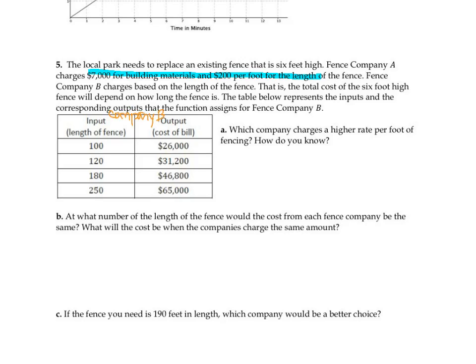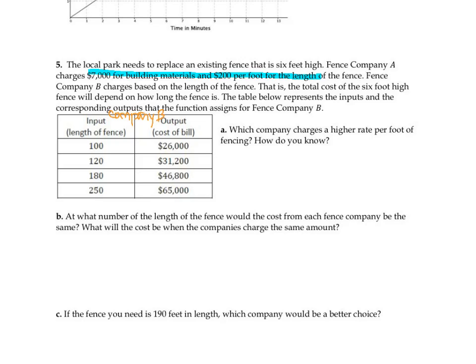So part A asks us which company charges a higher rate per foot of fencing, and how do you know? So this one's asking us to compare the rates of Company A and Company B. To do that, we should first figure out the rate of Company A, which we can do from looking back at the word problem.